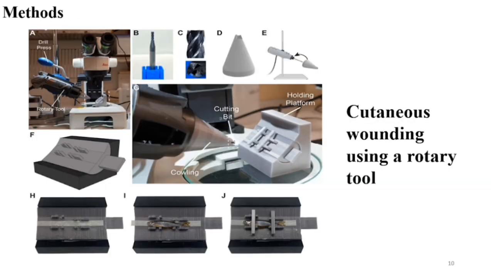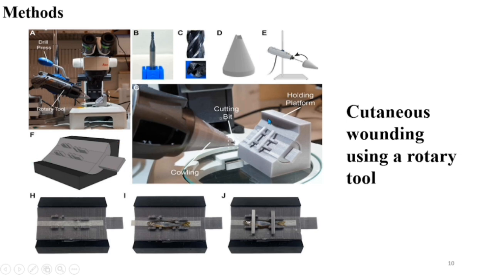For material and method, here we have some images of the rotary tool used to create the cutaneous wounding. For example, here is the overview image of the apparatus used for generating the cutaneous abrasion injury. B, C, D, E show details of the tool that causes the wound. F is the holding platform.